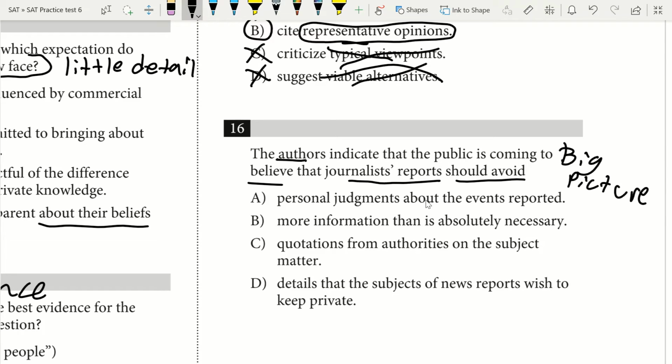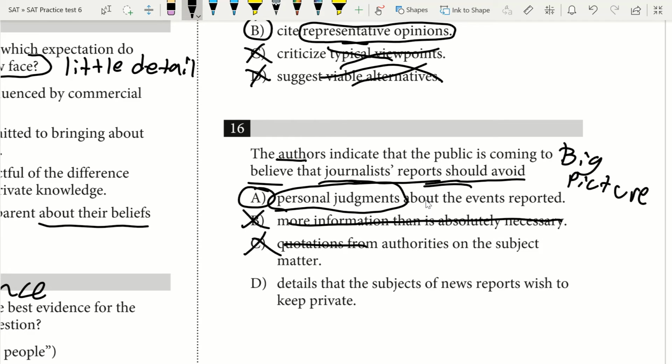Because our big picture throughout pretty much most of this passage is people are more skeptical about journalists and publishers, and they want journalists and publishers now to avoid having those personal judgments about the events reported. Okay, so 16 is going to be A. We talk about how they want the information as raw as it is. Okay, so no personal judgments there. They don't say that journalists should avoid more information than necessary. They actually want more information. C, quotations from authorities on subject matter.